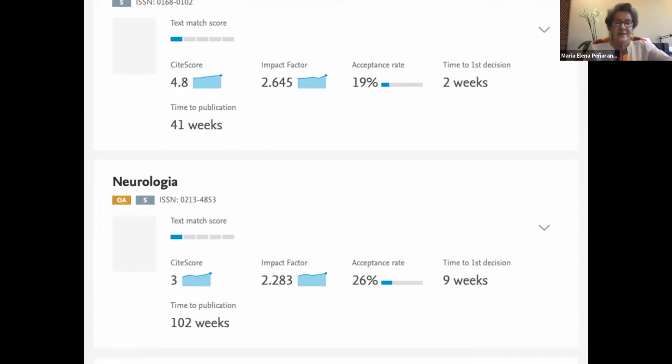Journals advertise their impact factor, which is a formula they use to see how popular this journal is in the scientific community for publication.